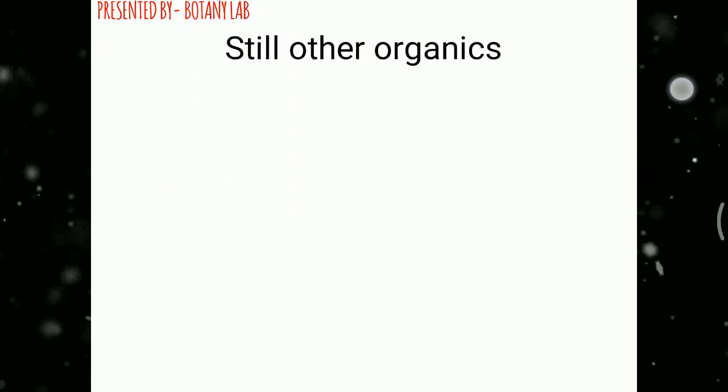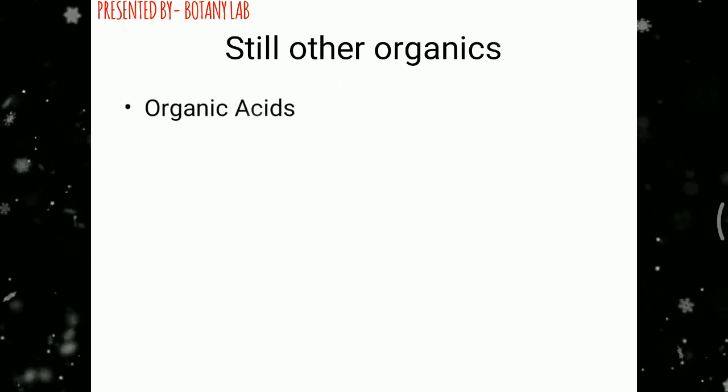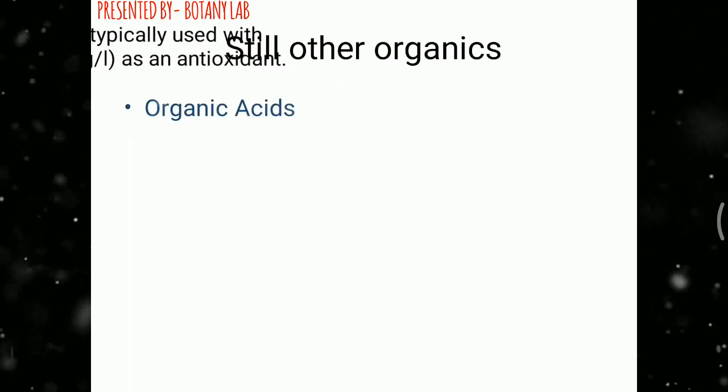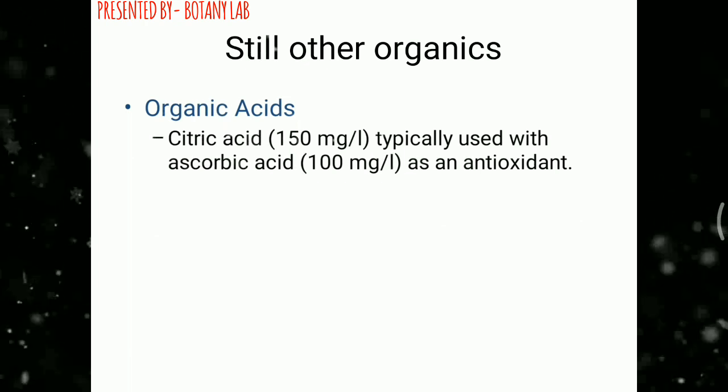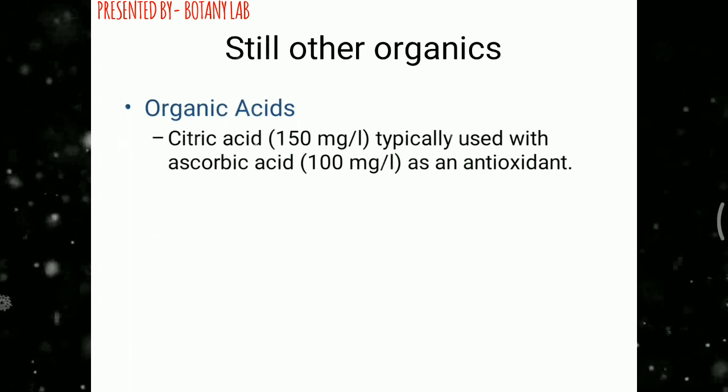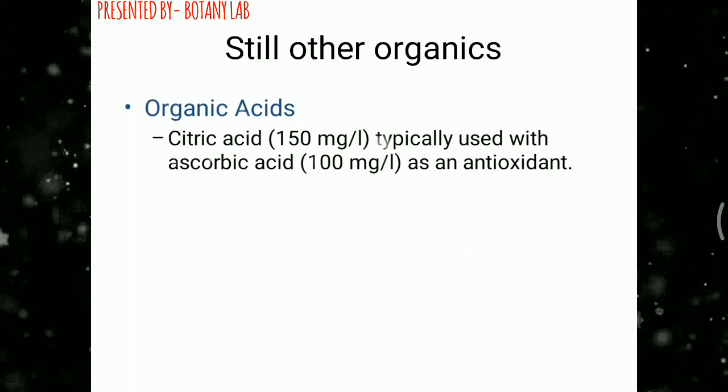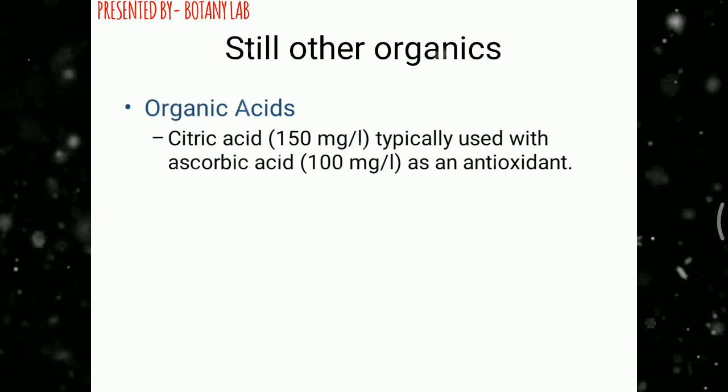And there are still other organics such as organic acids, like citric acid 150 milligram per liter, typically used with ascorbic acid, which is used at 100 milligram per liter as an antioxidant.